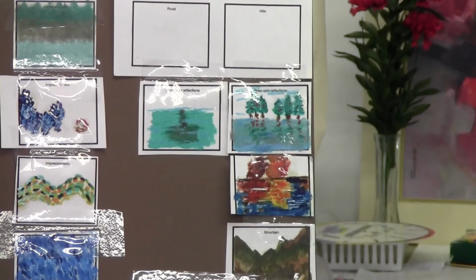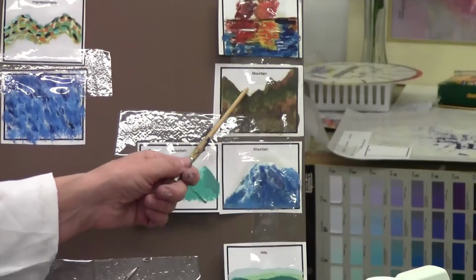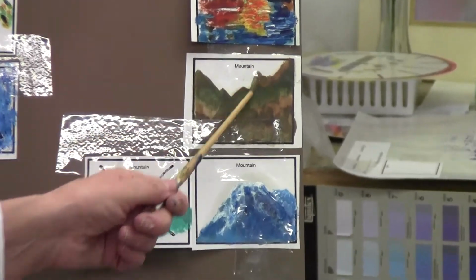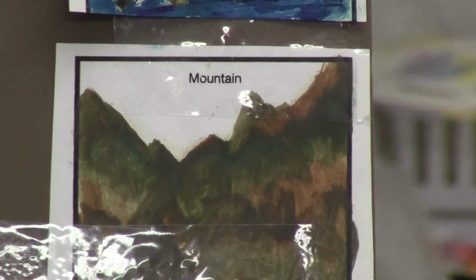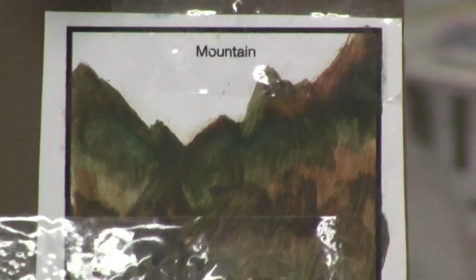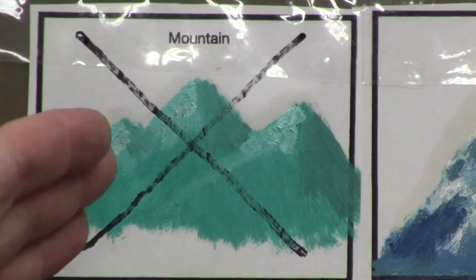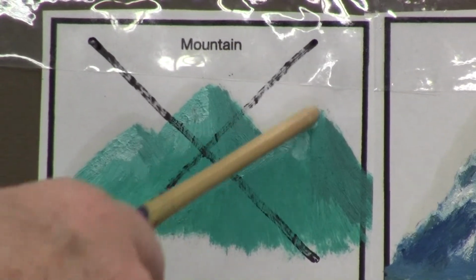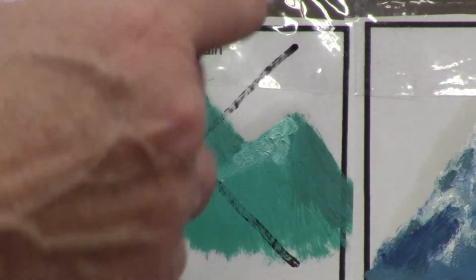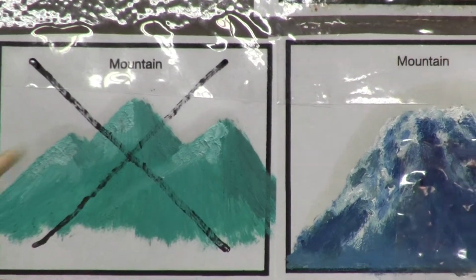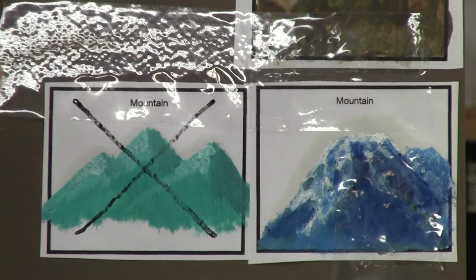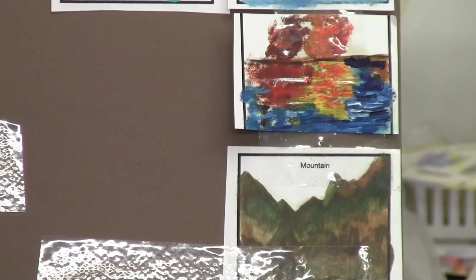Next, mountains. I really enjoy this mountain because it's so irregular. It's not just the regular mountains we see like this that are so often drawn. There's 3 teepees, 3 triangle shapes, and this is too much the same color. We would never see this in nature, but look at how much more interesting this is by having a variety of colors.